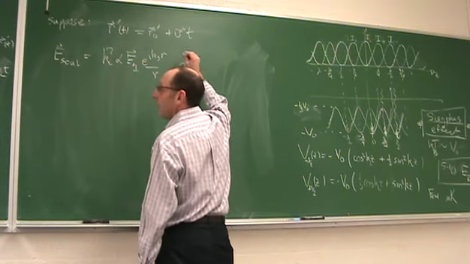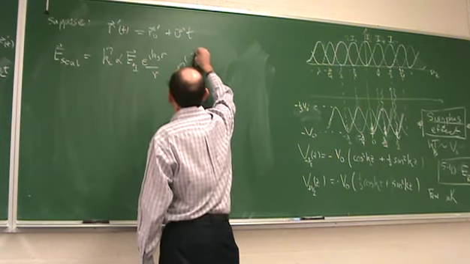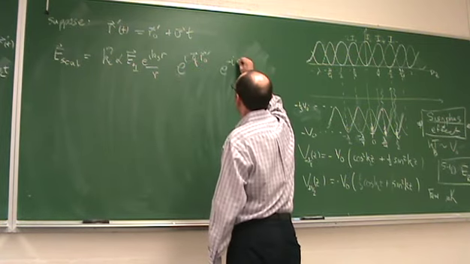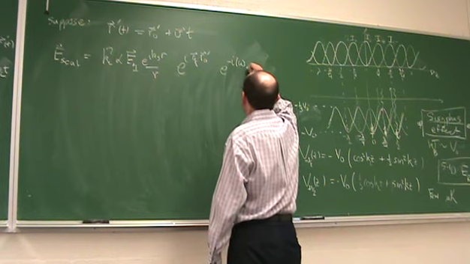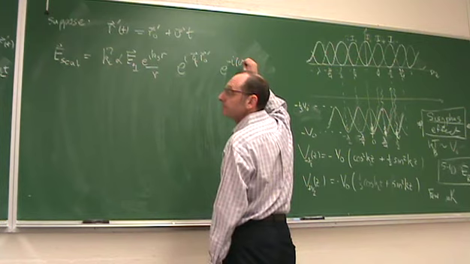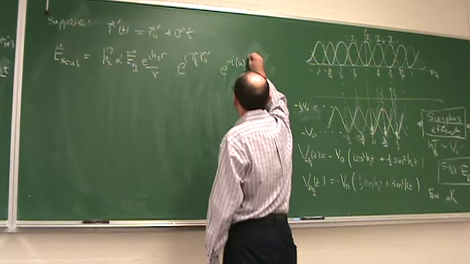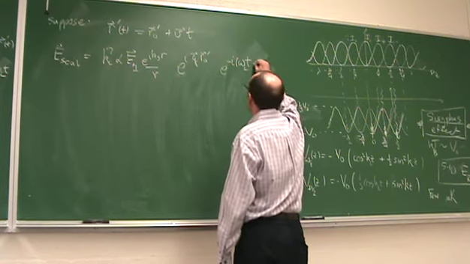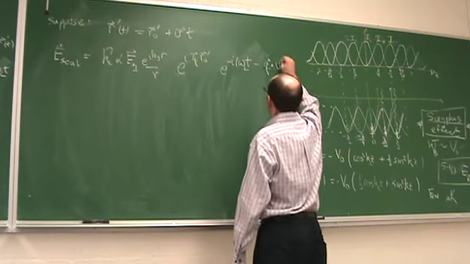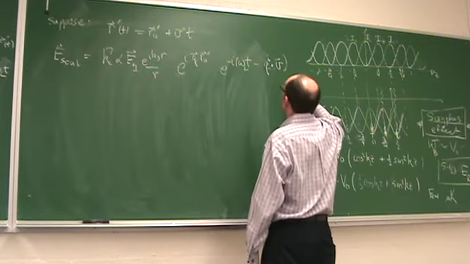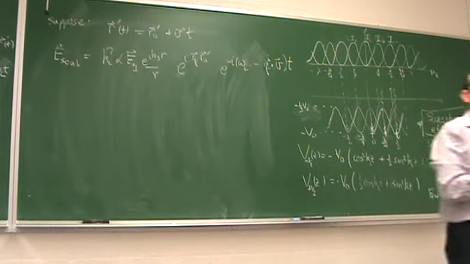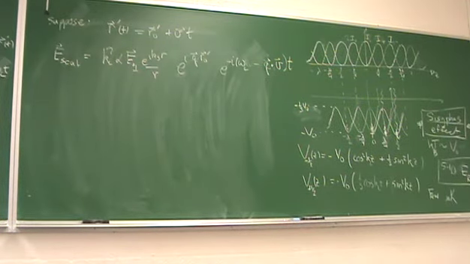Then we have e to the i Q dot r0, and then we have e to the minus i Q dot V, when the particle is moving.